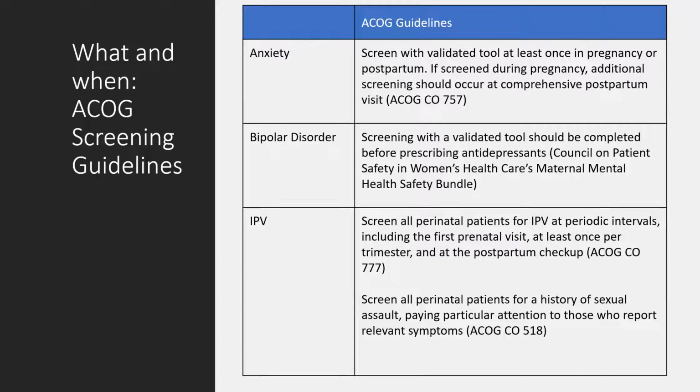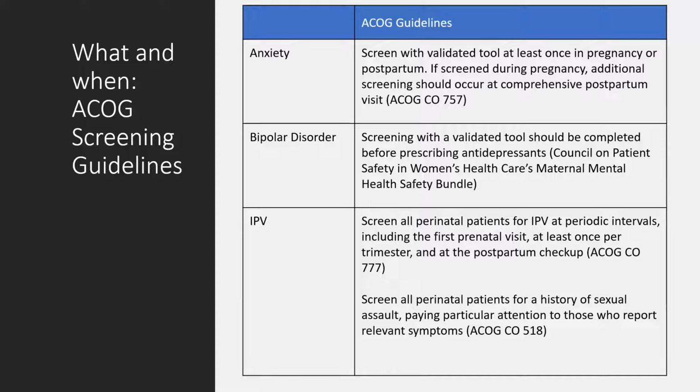And we know that it's important to think more broadly than only perinatal depression. So ACOG guidelines also support universal screening for anxiety, at least once in pregnancy and once in the postpartum period, universal screening for intimate partner violence at the first prenatal visit, at least once per trimester and at the postpartum check, and also targeted screening for bipolar disorder in those who screen positive for postpartum depression.